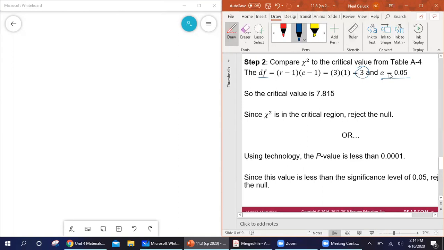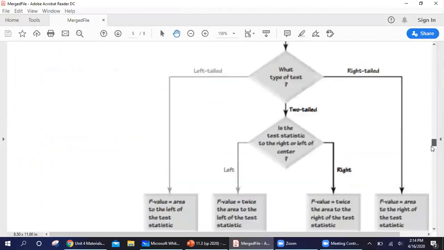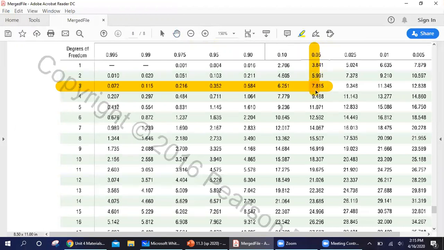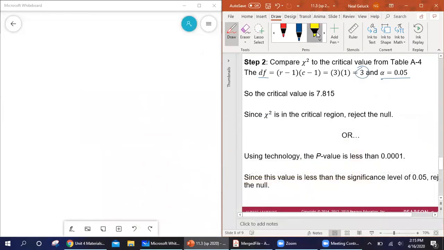So 3 degrees of freedom, 0.05. Going to the very back of our packet, 3 degrees of freedom, 0.05 was the area to the right. So this goes with 7.815, which is my critical value here.